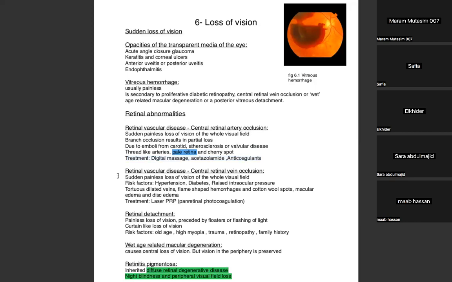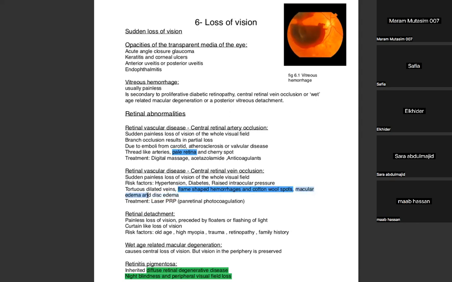Okay? In central retinal vein occlusion, it's a similar idea. There's going to be painless loss of vision. But here the difference is that the vein is closed, so there's going to be congestion. Our risk factors are hypertension, diabetes, raised intraocular pressure. We'll see dilated veins, flame-shaped hemorrhages and cotton wool spots, and macular edema.